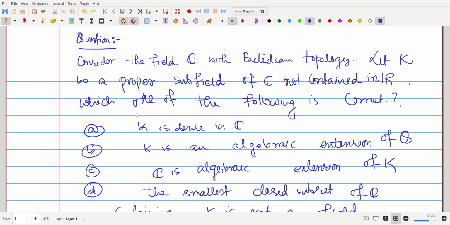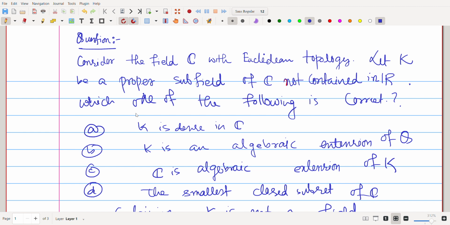The question says: consider the field of complex numbers with Euclidean topology and let K be a proper subfield of C not contained in R. That means K contains at least one non-trivial complex number. Then which one of the following is correct?